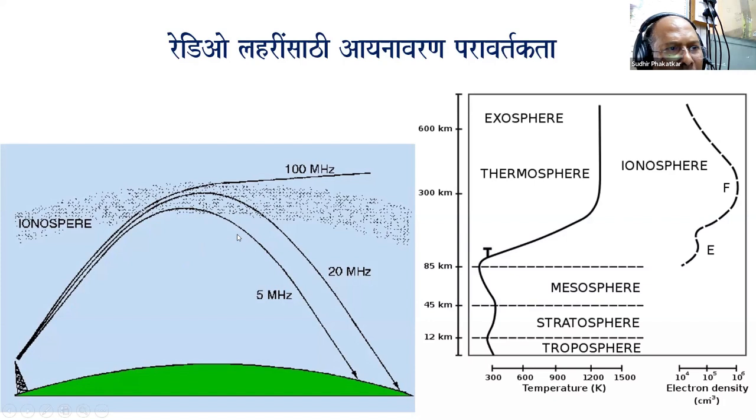This is why we can see the outer sky in radio waves form, the celestial objects. Here I just wanted to explain the ionospheric height. The ionosphere is from around 85 to 600 kilometers, and beyond that the atmospheric layer is called the exosphere.